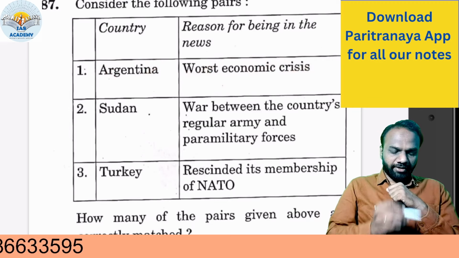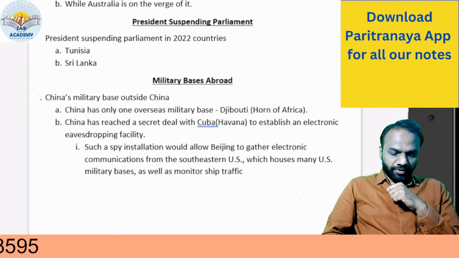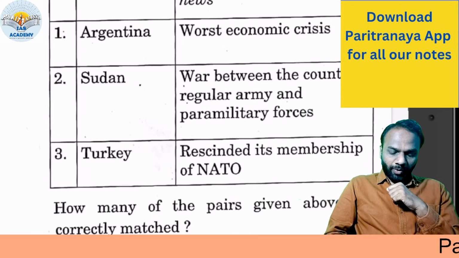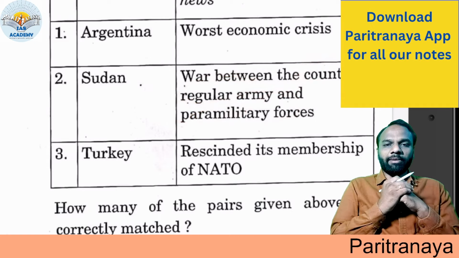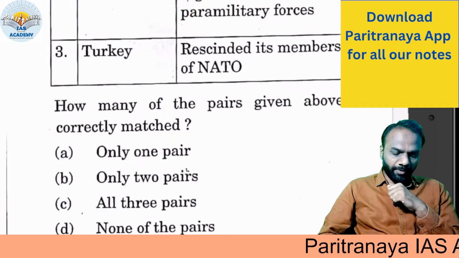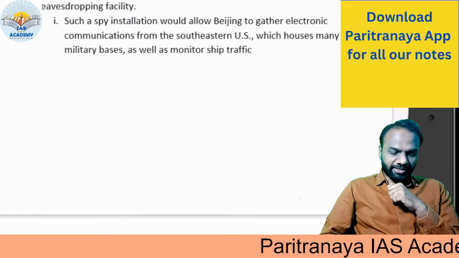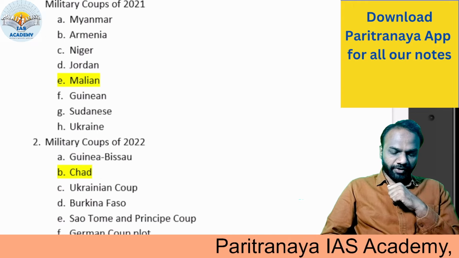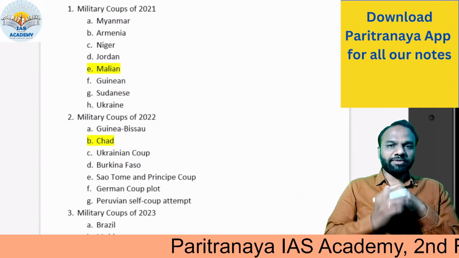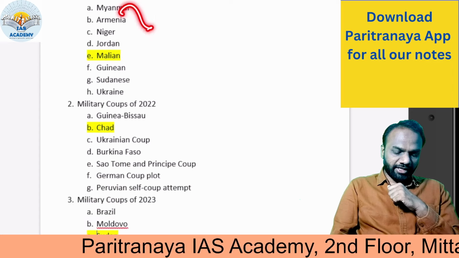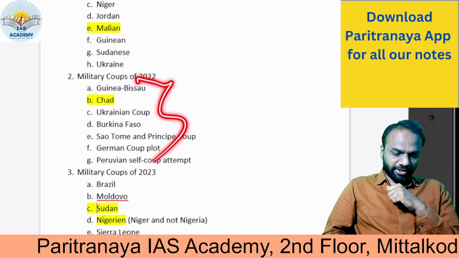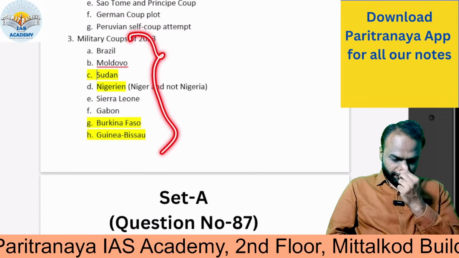Next, Sudan. The statement about Sudan, war between the country's regular army and paramilitary forces, is speaking about a military coup. So let us look into the countries which have faced military coups. These are the countries which faced military coups in 2021, this is the list in 2022, and this is the list in 2023.